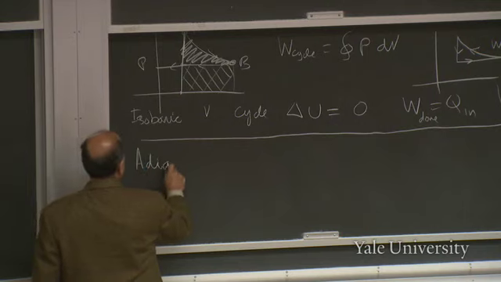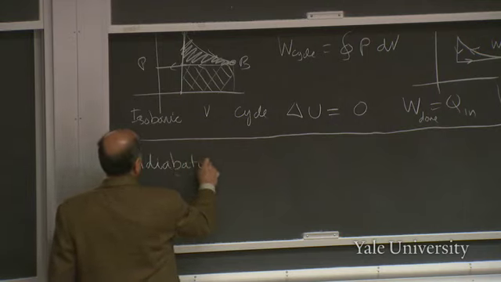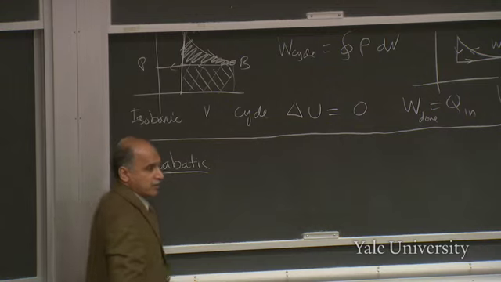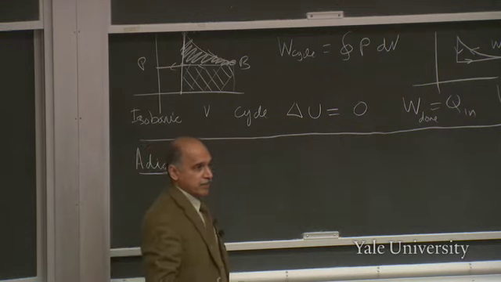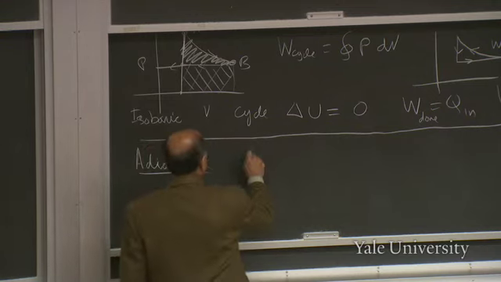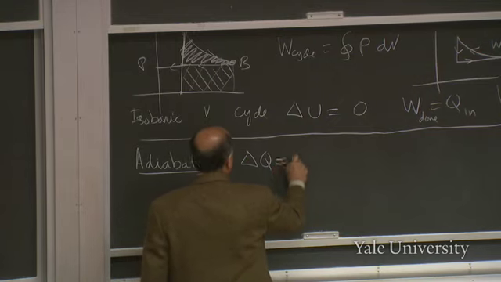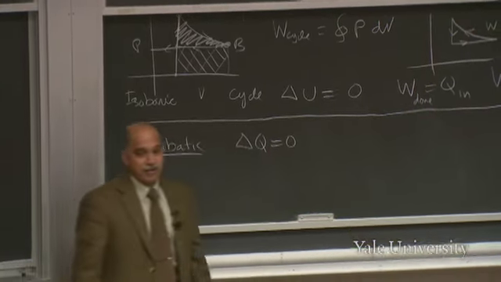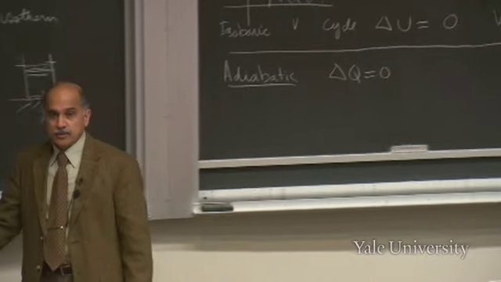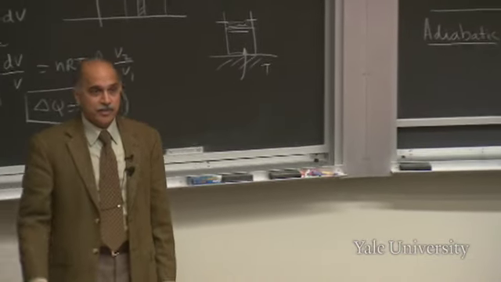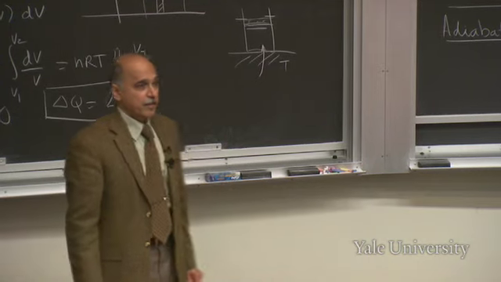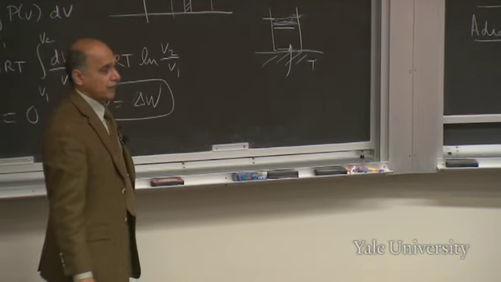It's called adiabatic. An adiabatic process is one in which the gas changes its volume, but it's completely thermally isolated. So delta Q is 0. You wrap this guy in a blanket and you do things to it. No heat can flow into the gas or out of the gas. That's called an adiabatic process.